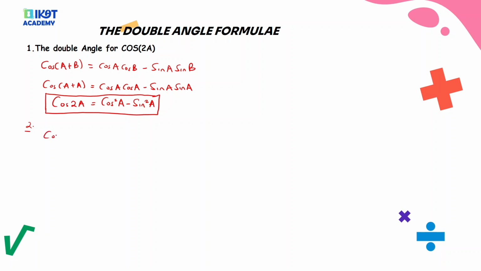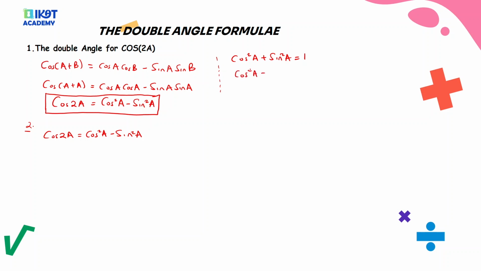So we've said cos 2A is equal to cos squared A minus sine squared A. But remember, we said cos squared A plus sine squared A is equal to 1. So we can choose to start by making cos squared the subject.